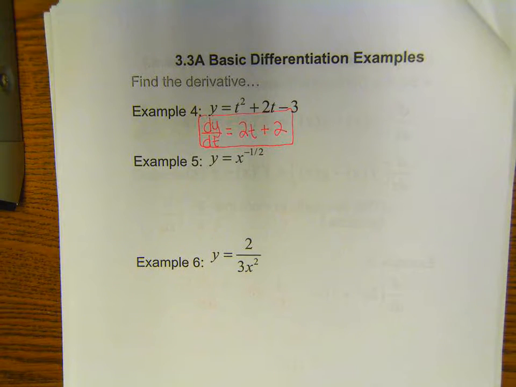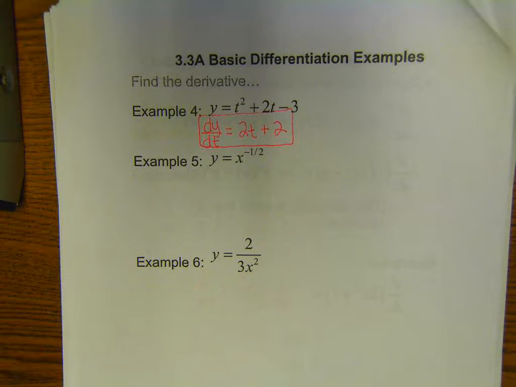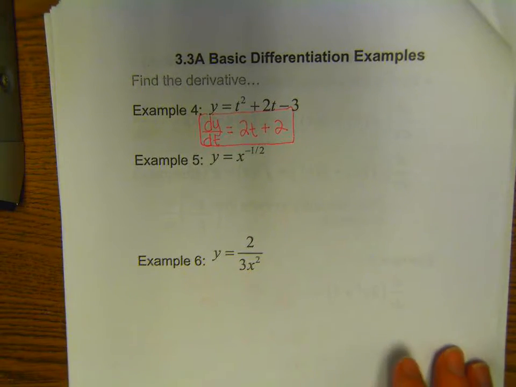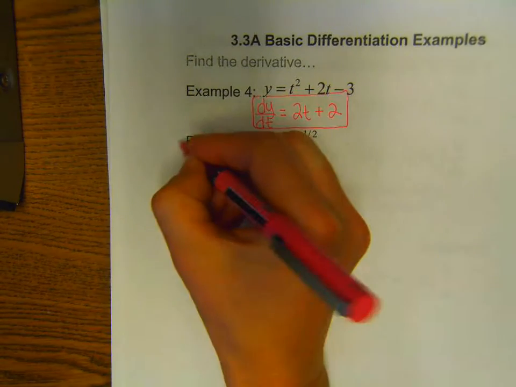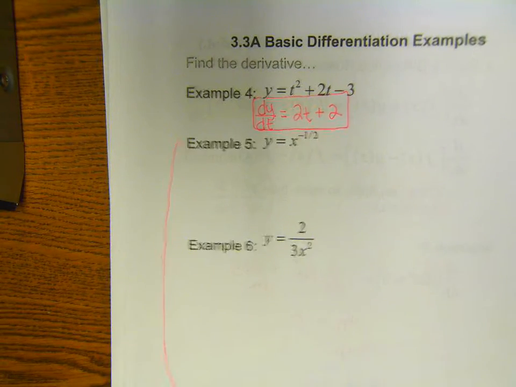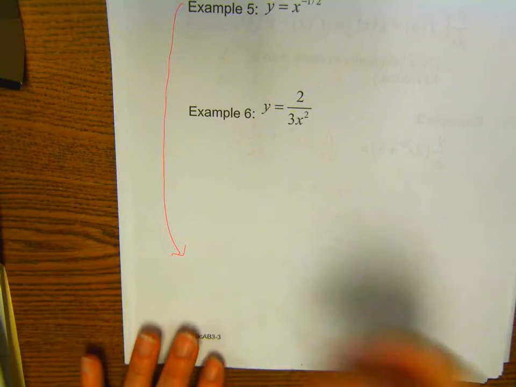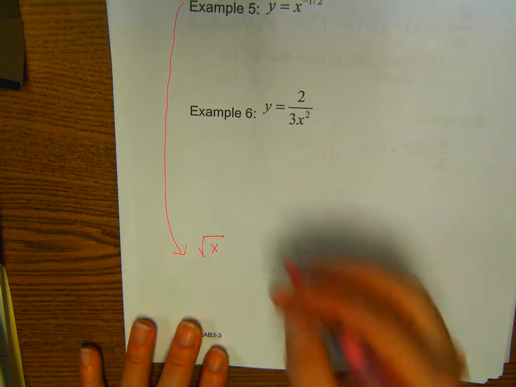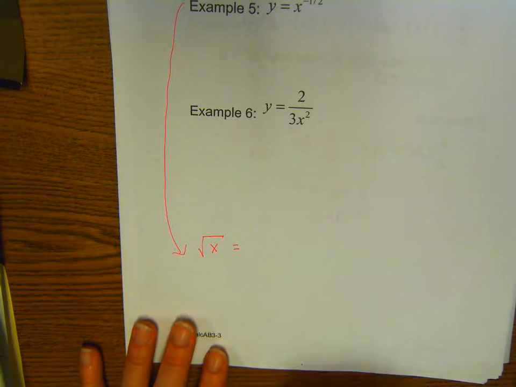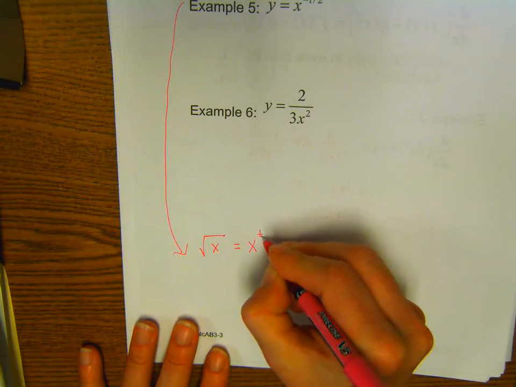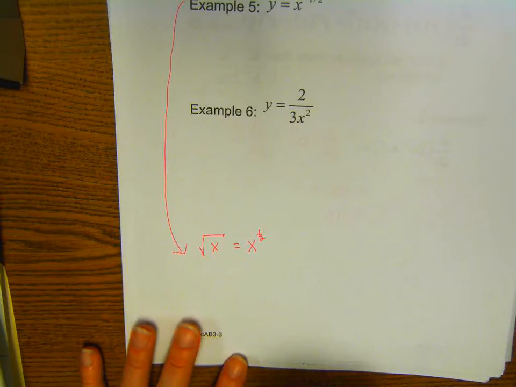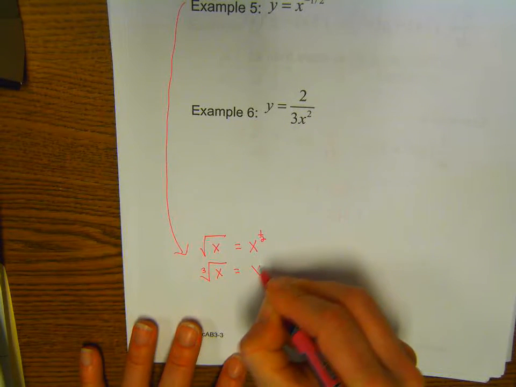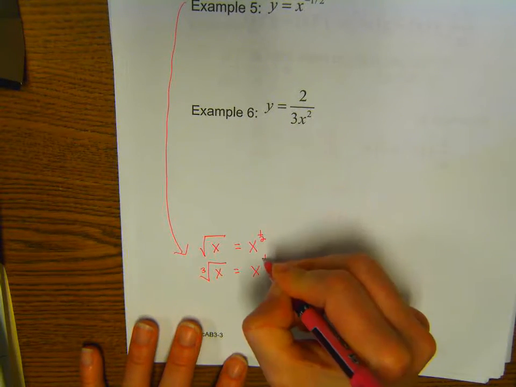So just a second ago I had you rewrite these as negative exponents. We might need to do a little review for example 5 to refresh our memories. When you see a cube root of x, how could you rewrite that? 1/3.